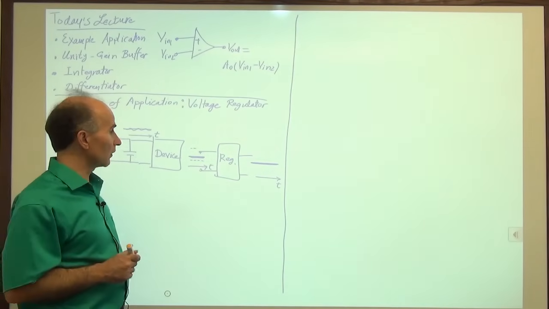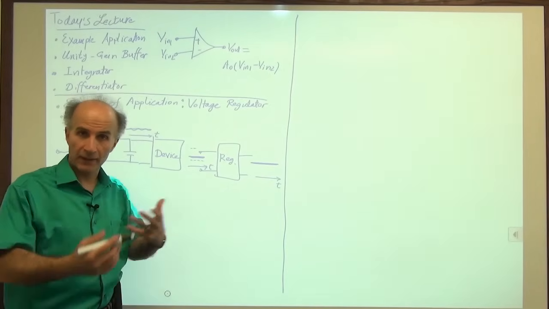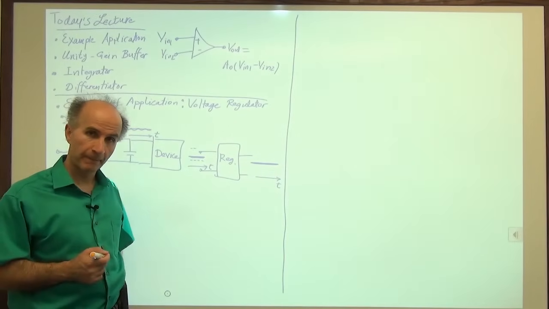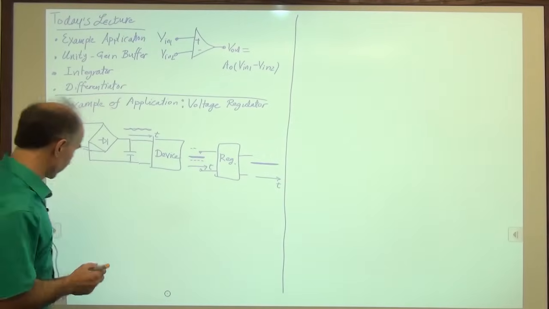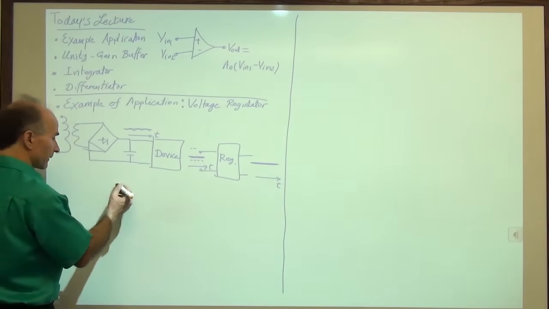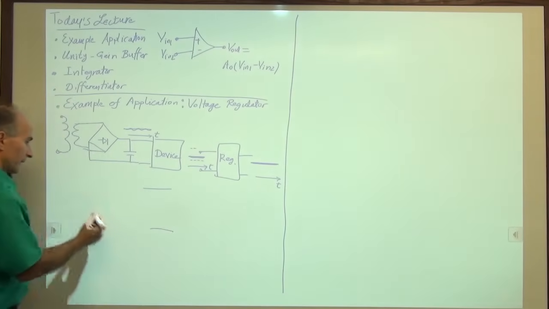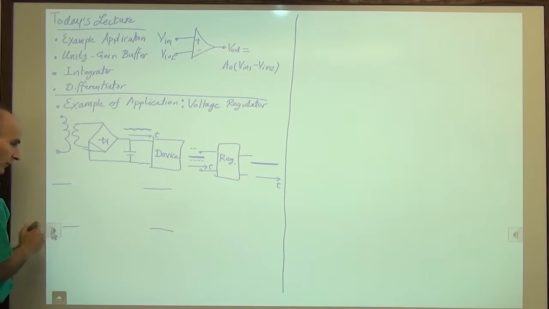Okay, so how do we go about building a voltage regulator using the devices that we have studied so far? So I will give you an example. All right. Well, let's suppose that this is the output of the circuit, and this is the input of the circuit.